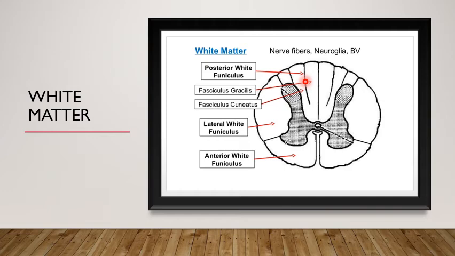Commissural fibers, what had we understood? What are commissural fibers? Yes, they connect opposite halves of same segment of spinal cord. Okay, opposite halves of same segment of spinal cord. So those are the commissural fibers that are there.